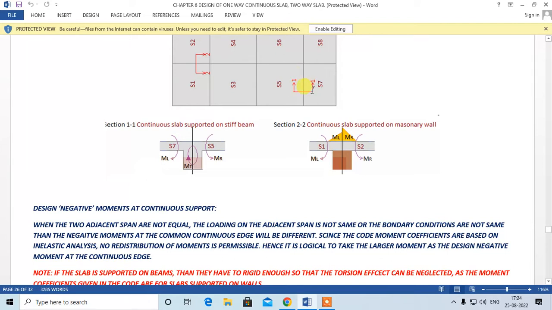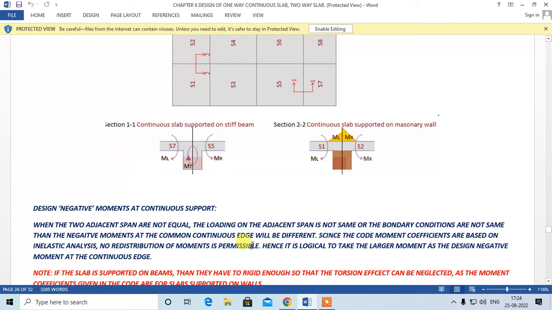So this will have, say, moment left, this will have, say, moment right, right? So as the conditions are different, you will have one ML and another MR.